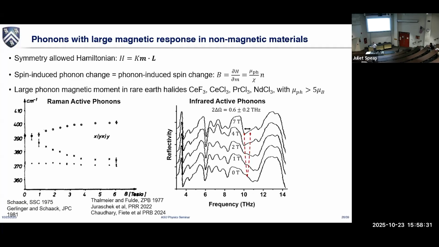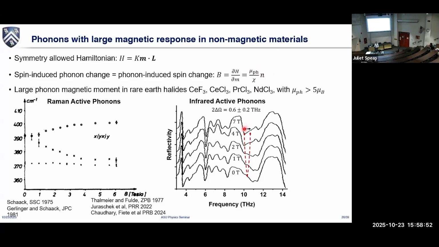there are very old experiments that show there are certain materials whose phonon magnetic moment is actually bigger than the electron magnetic moment. That would be very counterintuitive. How come these very heavy ions carry that amount of magnetic moment, right?